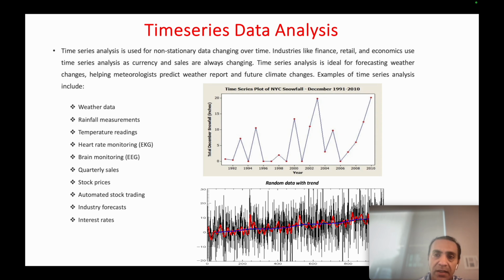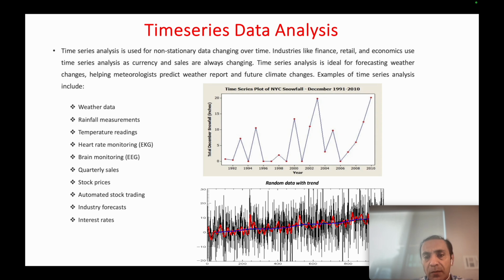We can see the peaks are increasing from 1992 to 2010, suggesting that the amount of snowfall has been increasing in New York. So that's how we analyze time series data.